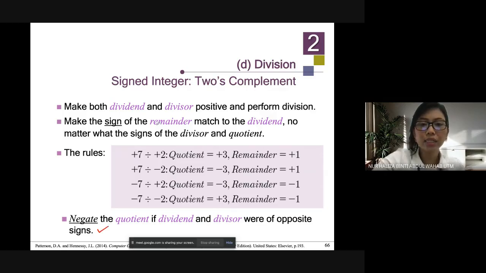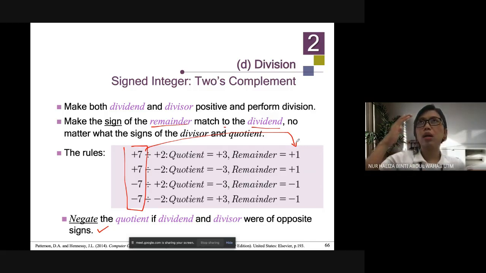So make the sign of the remainder match the dividend. So the dividend here, you have to match the remainder with this one. So there are two rules that you need to remember. First, you need to make the quotient negative if you have two different signs.